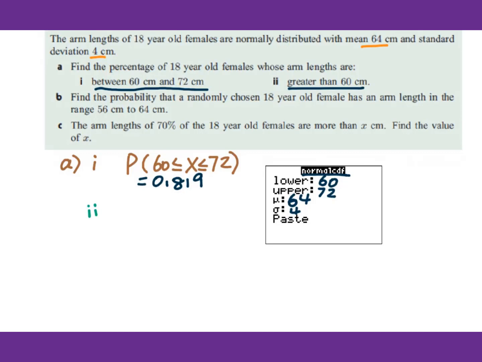For the second, we're looking for the probability X is greater than 60. Lower still 60, but upper will be 1E99. You will get 0.841.